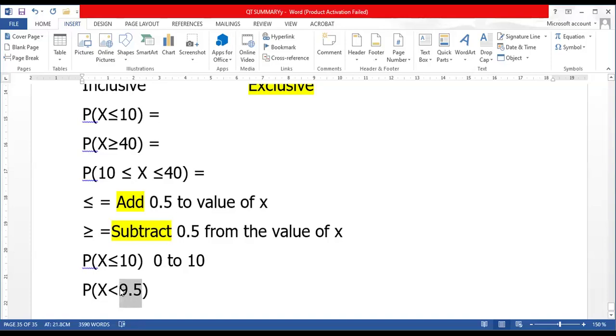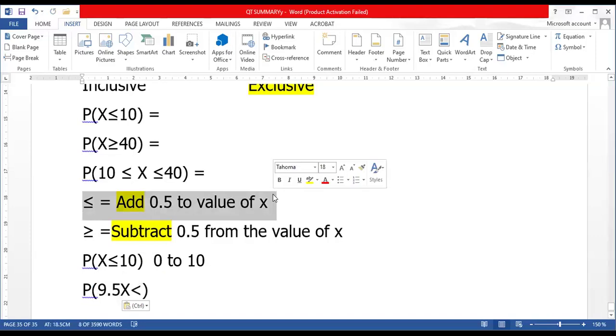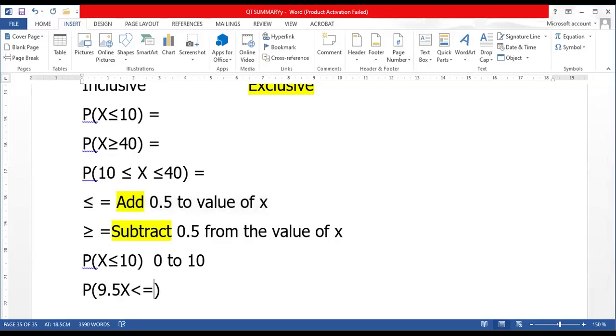I hope you have understood the reason why we add 0.5. We add 0.5 such that at the end you can get x less than 10.5. Within 10.5, from values 0 to any values below this, I can still find 10. So that's why you add.